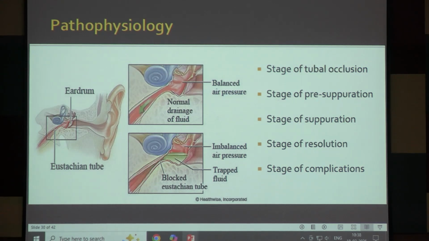Due to inflammation, exudates will come out and collect here. These mucosal exudates will be a very good culture media, so virus and bacteria will grow there. After that, in the stage of suppuration, pus will be collected, and the next stage is the stage of resolution and complication.